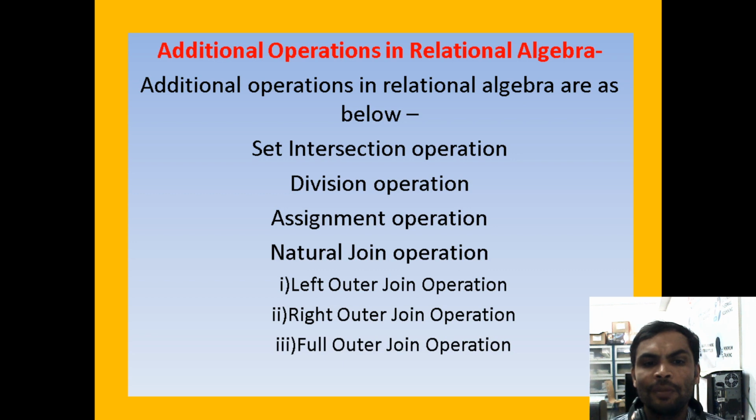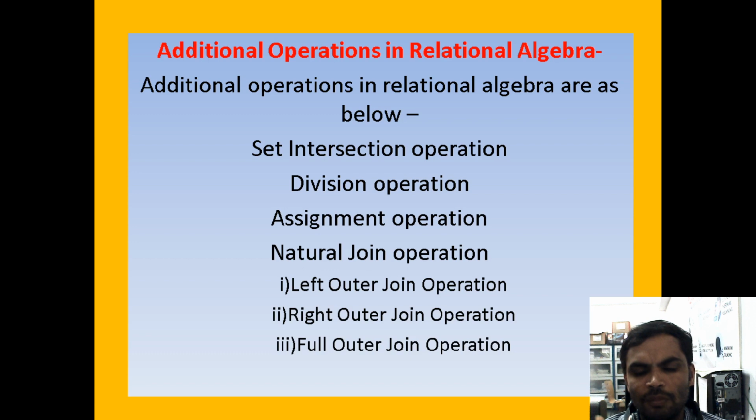Maybe for the LAQ question from your university exam, this is very important: briefly explain the relational algebra operations. We should explain the fundamental, additional, and extended relational algebra operations.